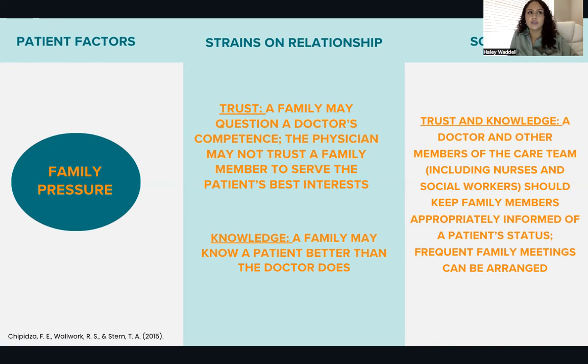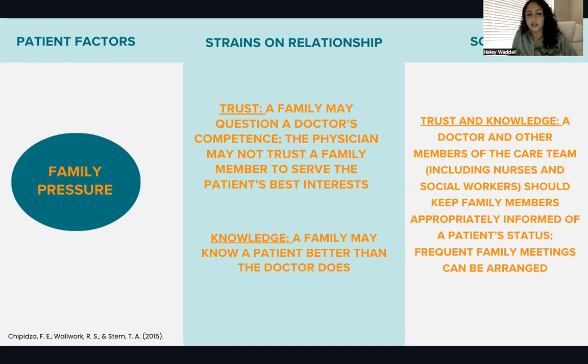Or you're dealing with adults and their spouses, or just some people have big families that are always there, always in the room when you're caring for them. So now you not only have to talk to that patient, but their family is now your patient as well.